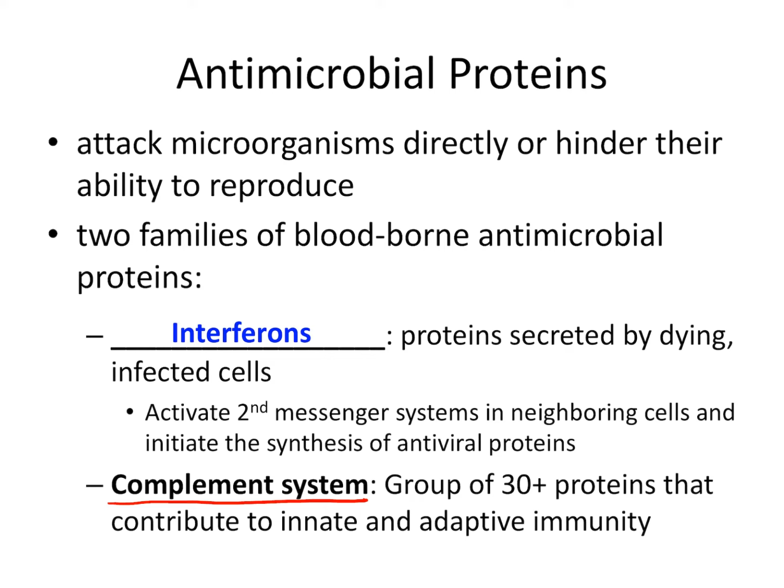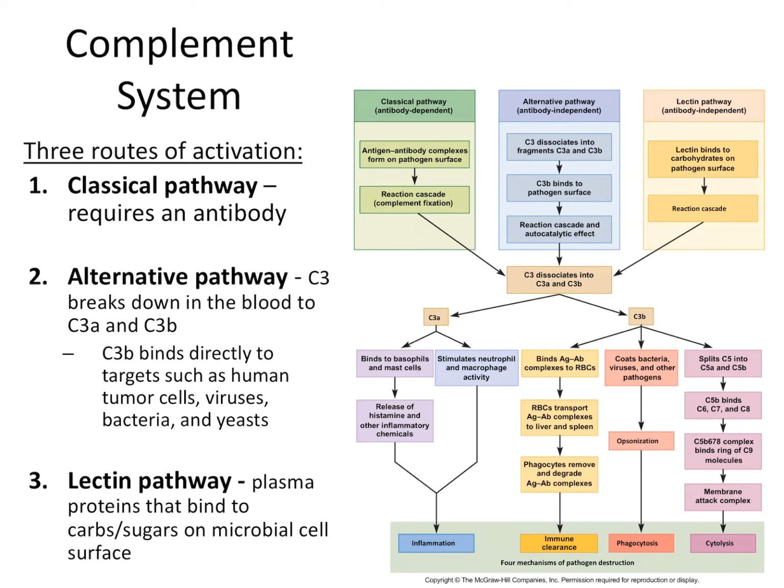You can think of the complement system or compare the complement system to the coagulation cascade in that there's going to be all of these proteins that are circulating in an inactive form. The majority of these are going to be synthesized by the liver, and essentially what's going to happen is that they are going to become activated in the presence of a pathogen.